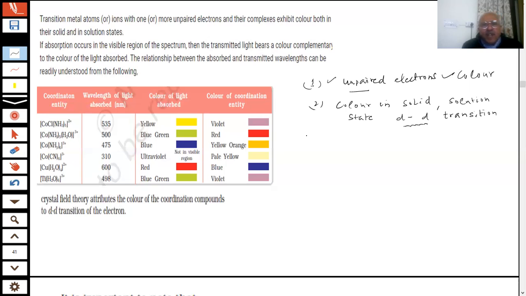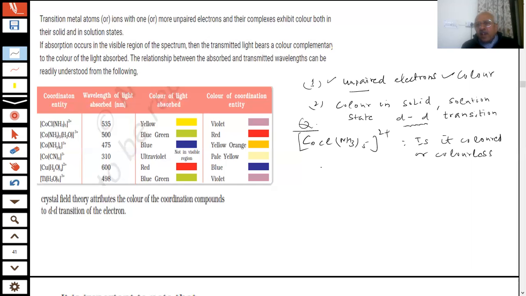For example, [CoCl(NH3)5]2+. Tell me, is it colored or colorless? First, find the d count of the cobalt.